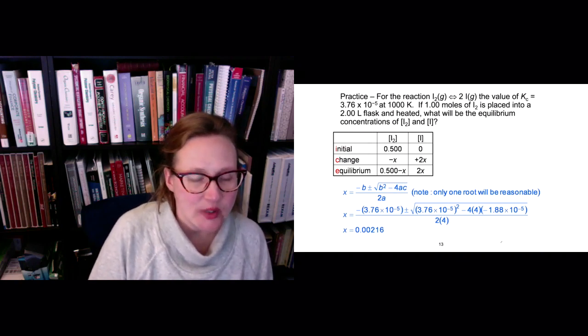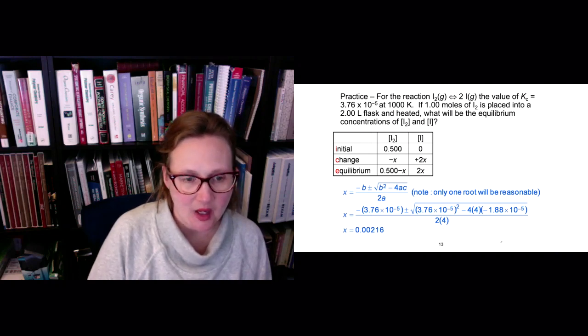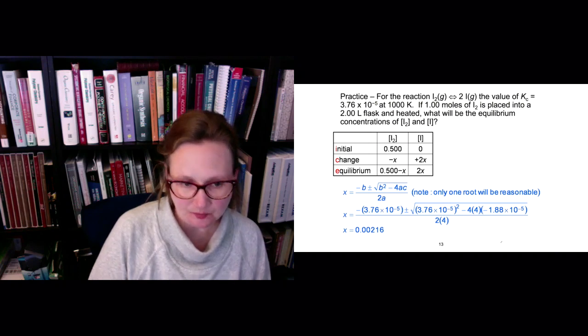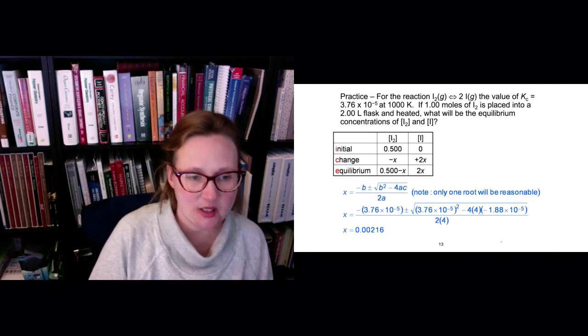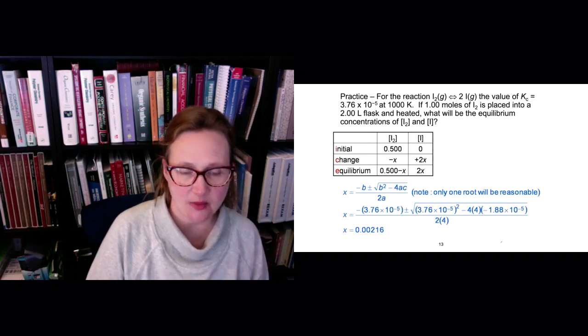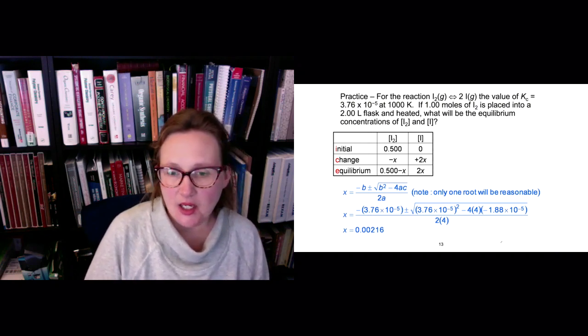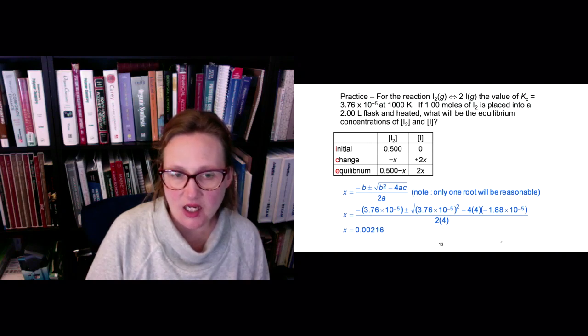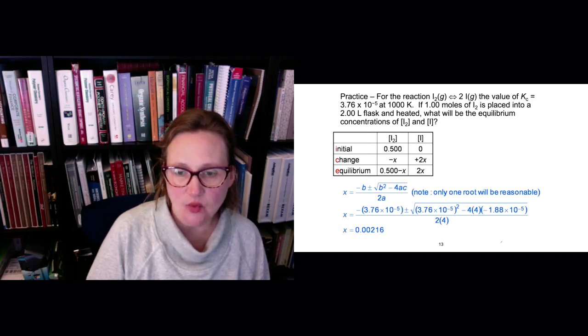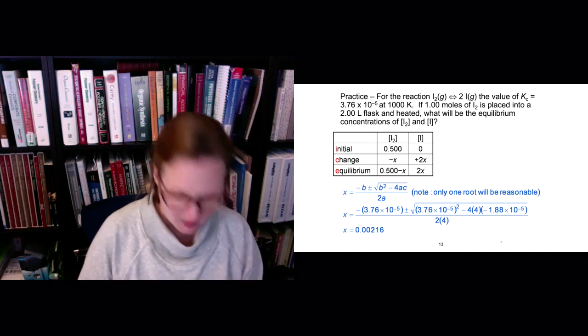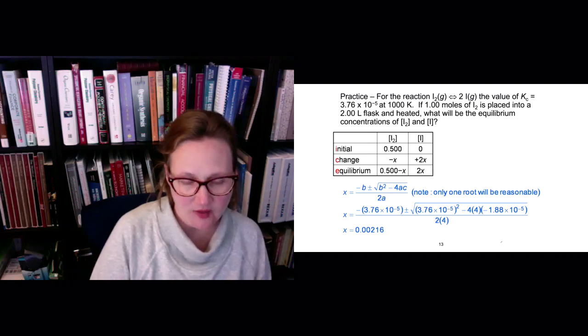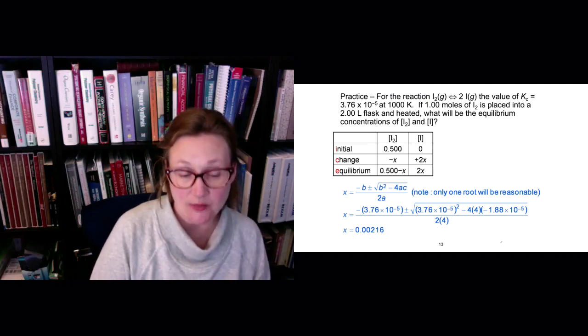We can substitute into our quadratic equation by defining what b, a, and c are. B here is 3.76 times 10 to the minus 5, a here is 4, and c here is minus 1.88 times 10 to the minus 5. And we're going to divide by 2a, which is 2 times 4.